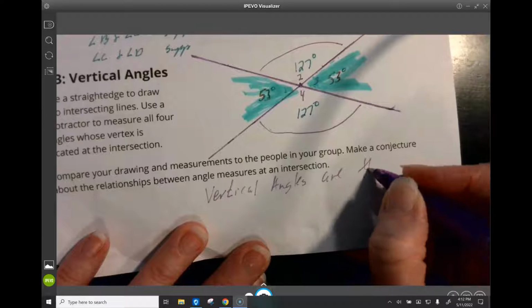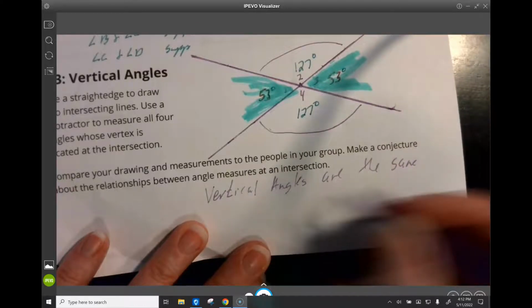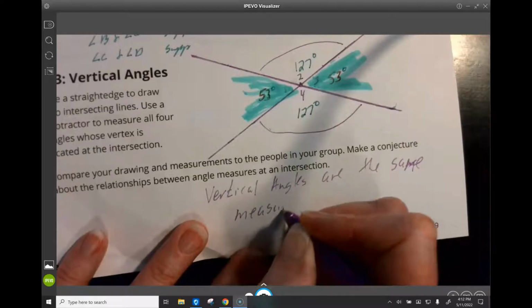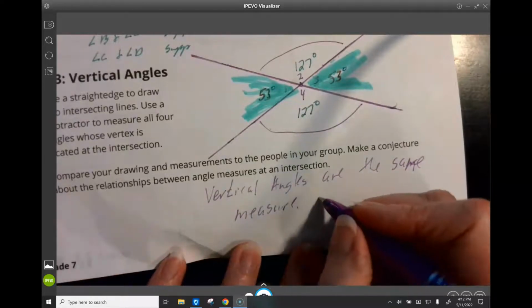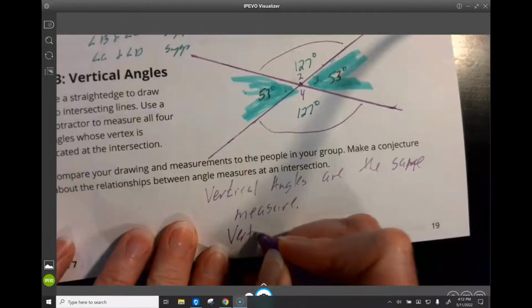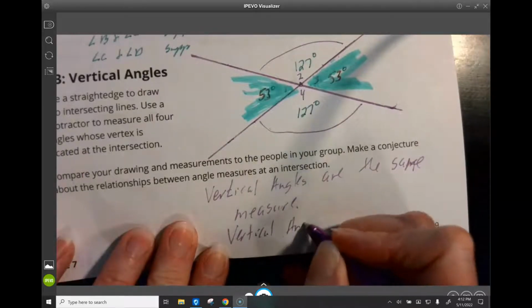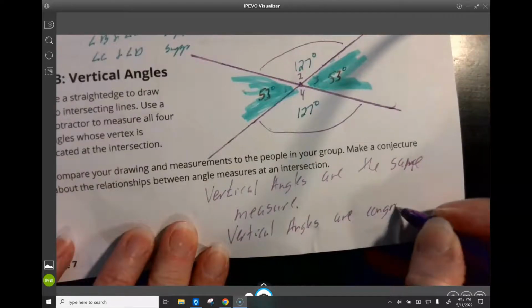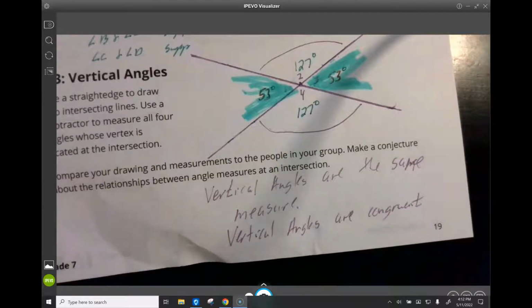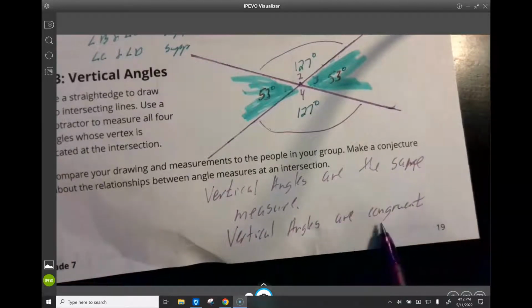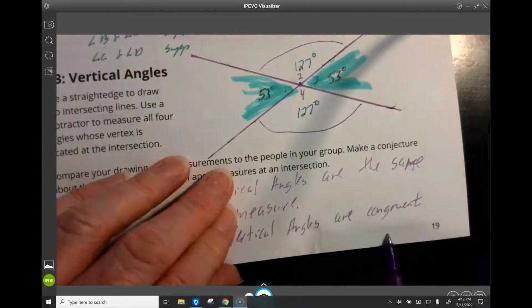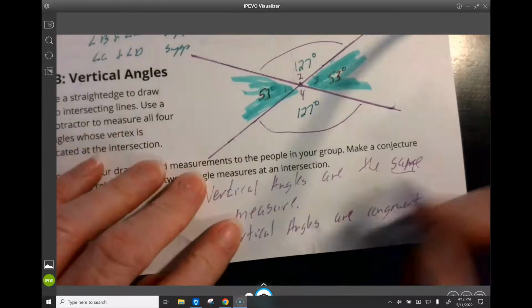And in the math world, what we would say is that vertical angles are congruent. So angles that are the same measure are congruent. They're the same measure and, of course, the same shape. Okay, so vertical angles are congruent. They have the same measure. Okay, it doesn't hurt to expand our vocabulary.